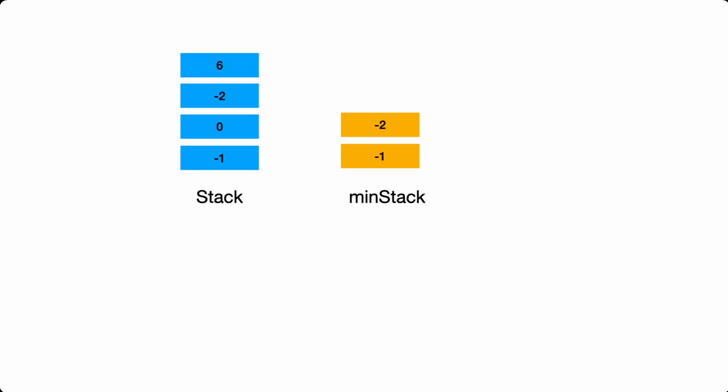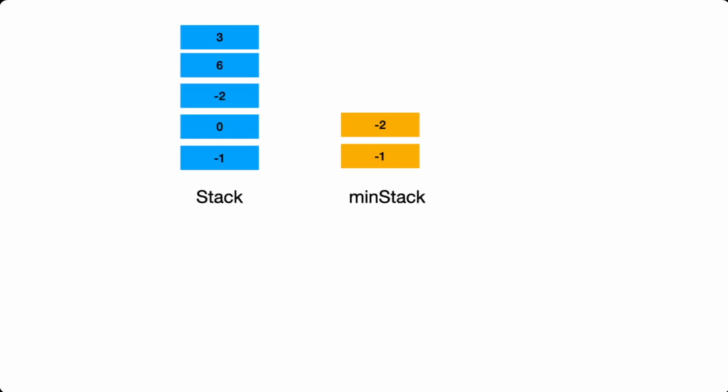So after we push number 6, what is the current minimum value at this moment? It's still -2, right? So do we need to update the min stack? We don't. We don't need to store number 6. Let's do another test to push number 3. Do we need to do anything to the min stack? We don't, because the current minimum value is still -2.